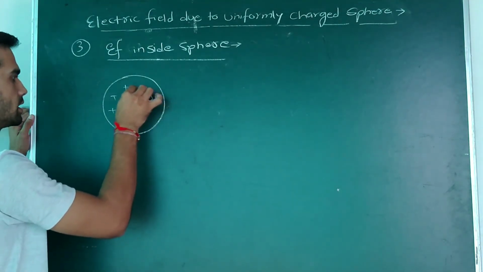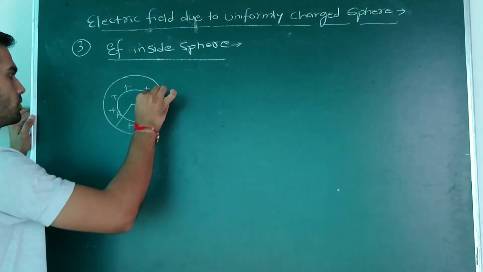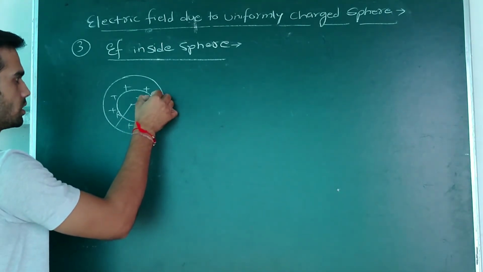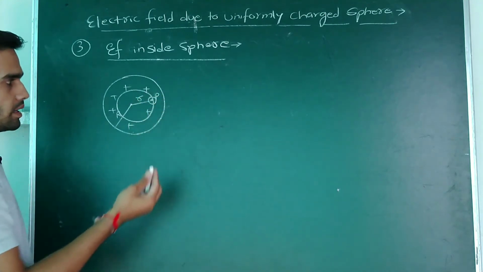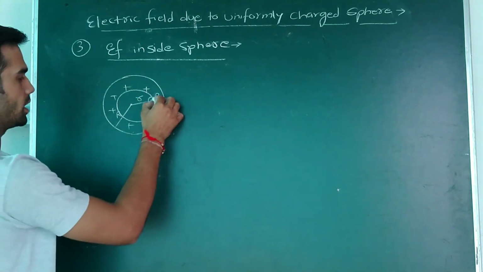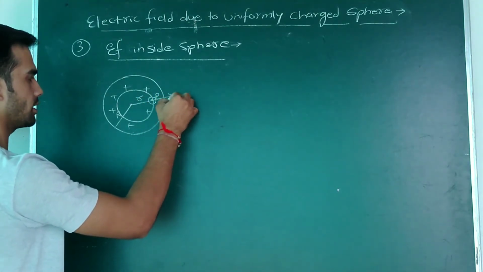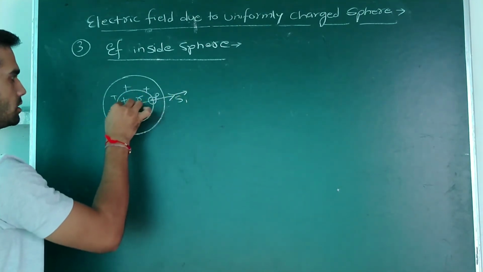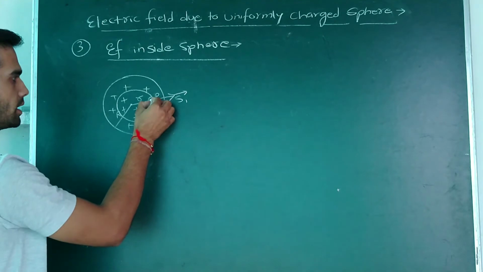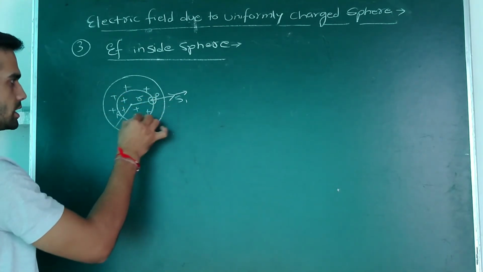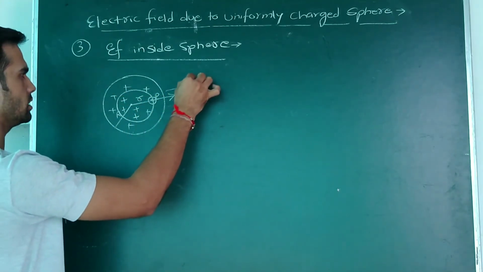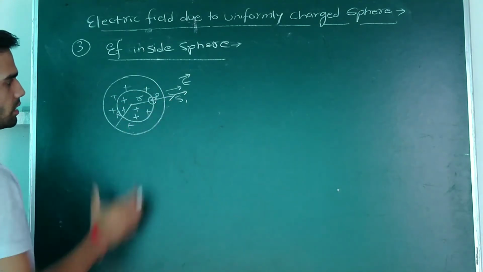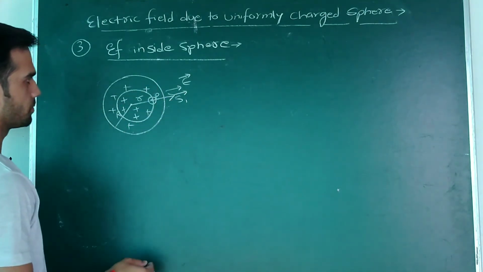So here we consider a Gaussian surface of radius small r. Now again we consider an area element, and the area vector of this area element is S1 vector, and the electric field at this point P due to the charges is also in the same direction, because due to plus charges the electric field will be in the radially outward direction.